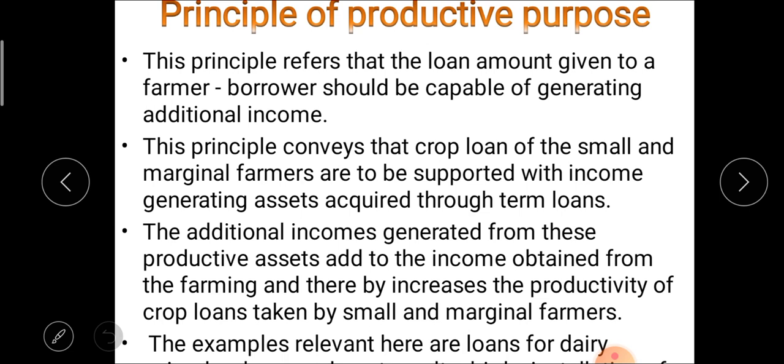The loan must be used for productive purposes, that is, to generate additional income from a productive asset, and only then can this income be used for repayment of that particular loan. This is the first P, productive purpose.